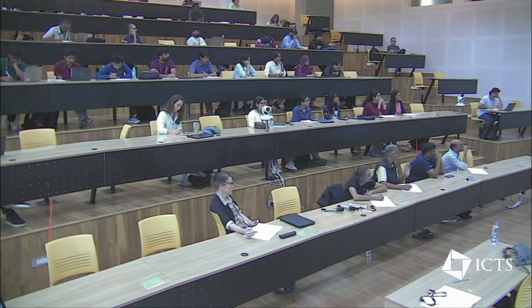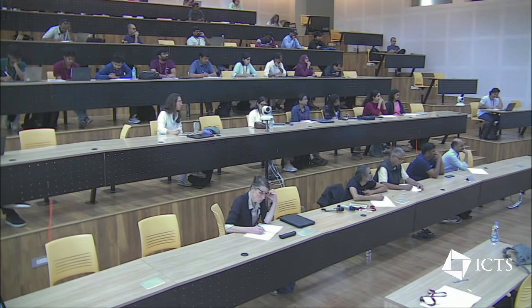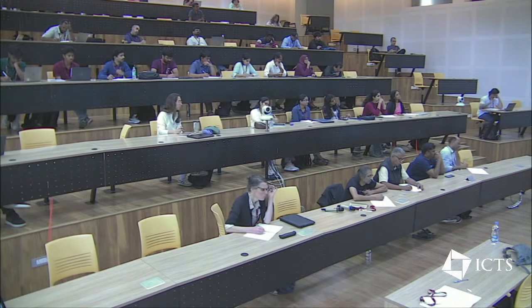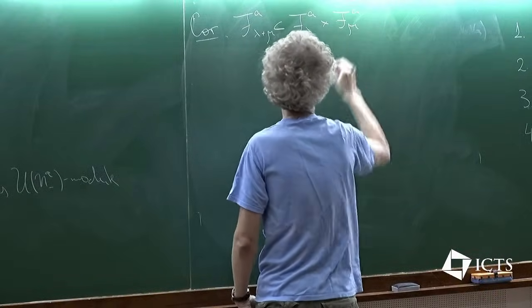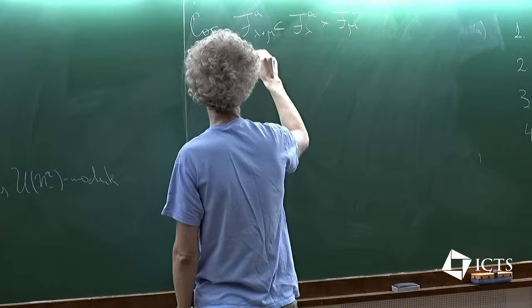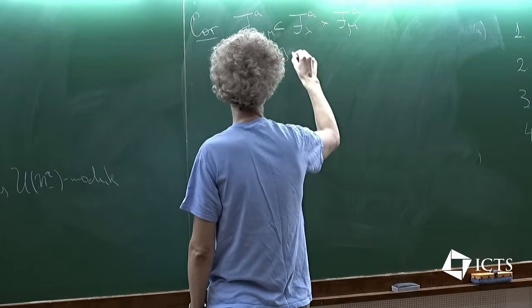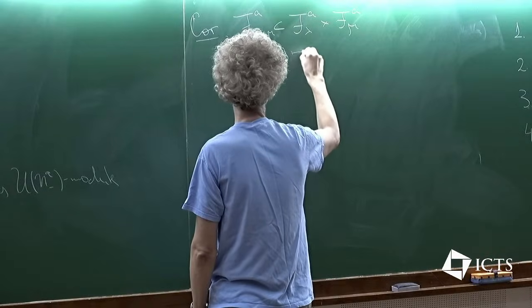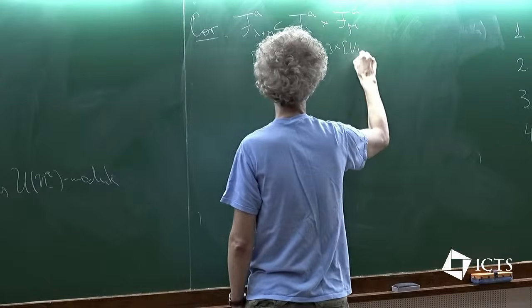So the corollary is that F^a_{λ+μ} sits inside F^a_λ times F^a_μ, where the line corresponding to λ+μ is sent to V_λ times V_μ.